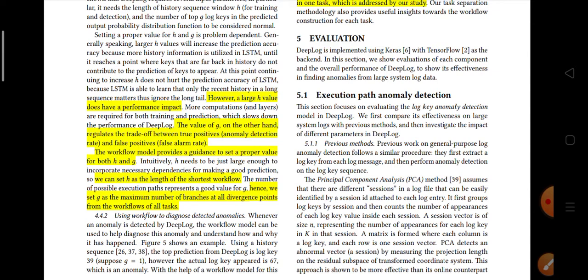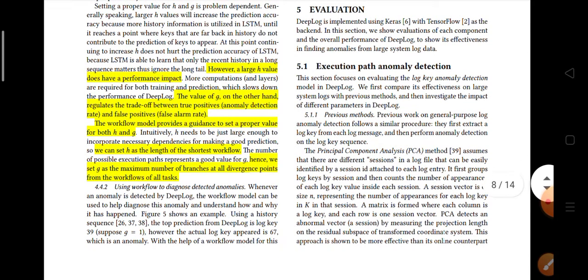That means if the window is 3, you take three continuous sequence values and then predict the fourth one. And the second parameter is g. Suppose you are predicting the next key value, g will tell you up to how many next suggestions to consider.